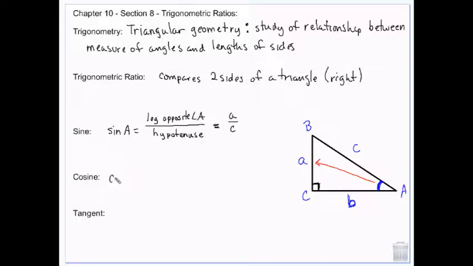The cosine of A is symbolized cos A, and it's going to be the leg adjacent to angle A over the hypotenuse. Well, the leg adjacent to A is right here. So this is opposite, and this is adjacent.